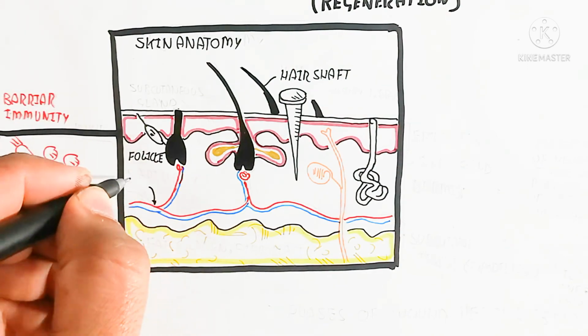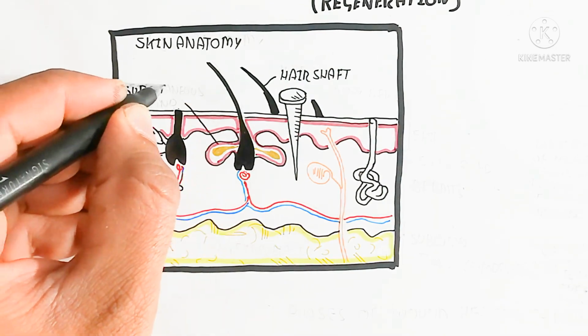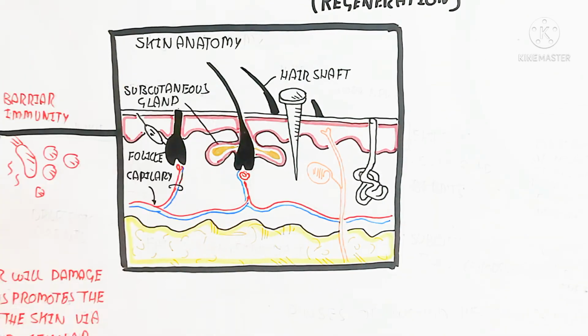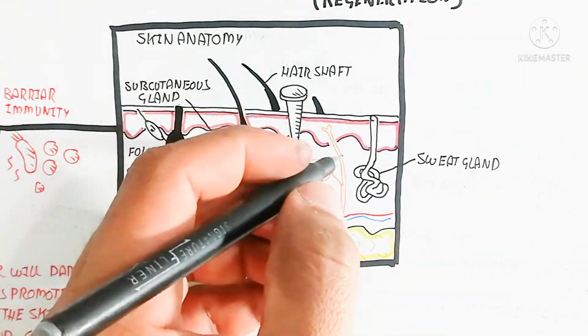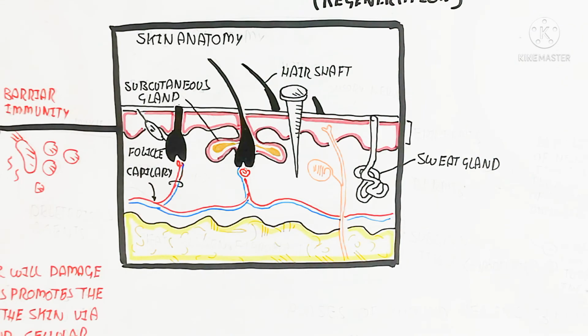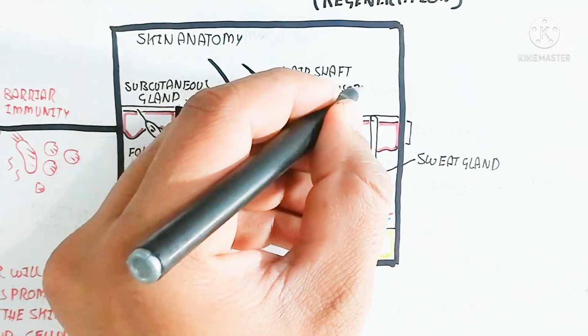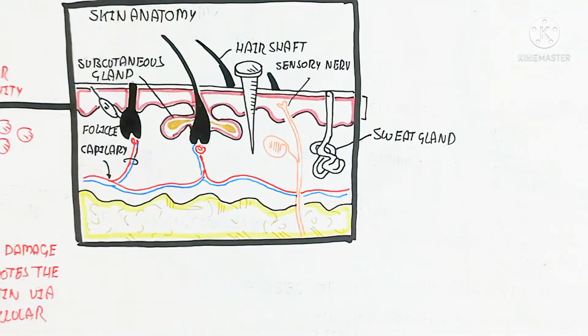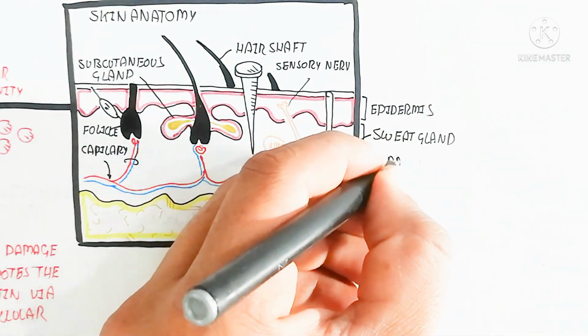This hair follicle is attached to a blood vessel through a network of capillaries for nourishment of the hair. Then there is the sebaceous gland, used for the nourishment and shining of the hair, and the sweat gland, used for sweating and thermoregulation.